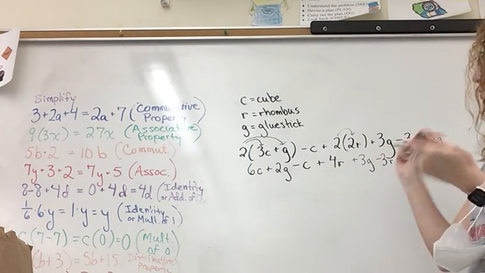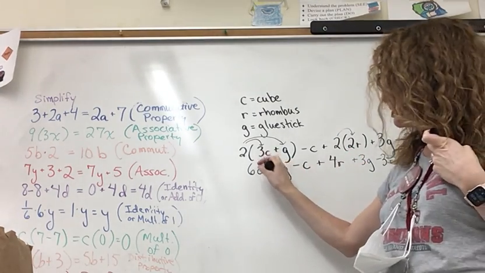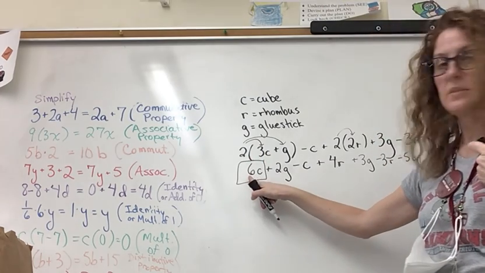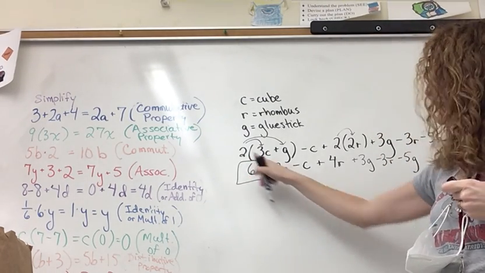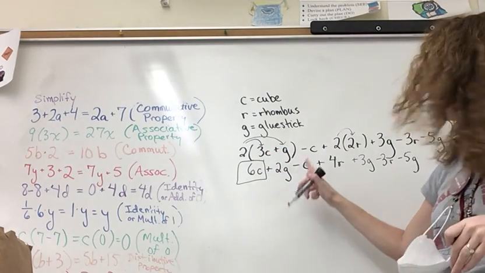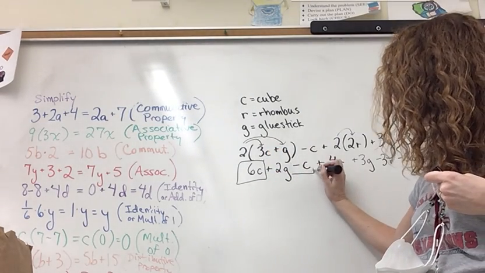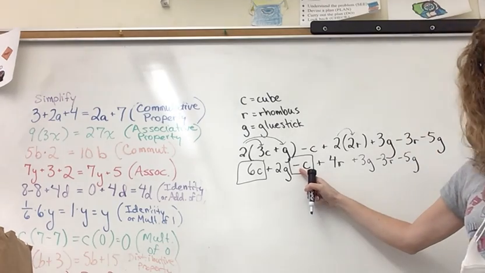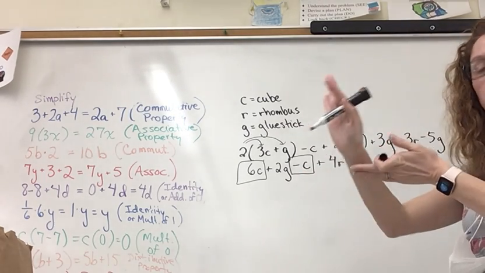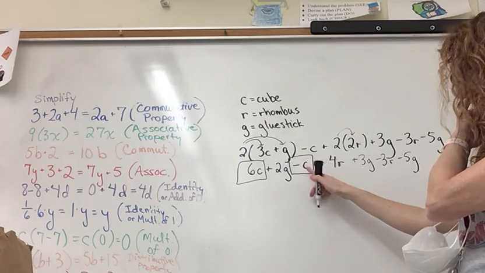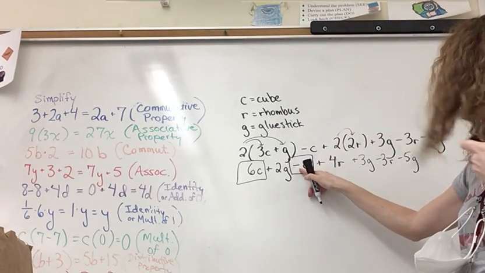So you could make shapes around the things you want to focus on. So here's my C's. I got 6C. And then if I make a rectangle-ish shape around this one, I have to make sure I include the minus sign in front to remember that I was removing or lowering it by just a single C.